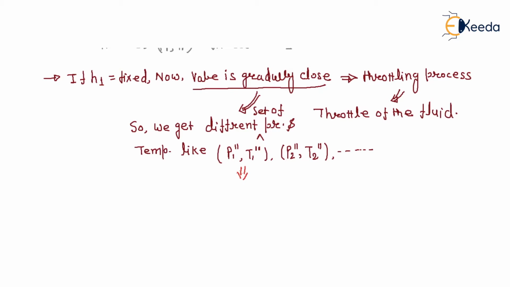According to the different sets, you have H1 double dash, H1 triple dash. Like that, you have these different points at outlet. Finally, these points are equal to what value? H1.